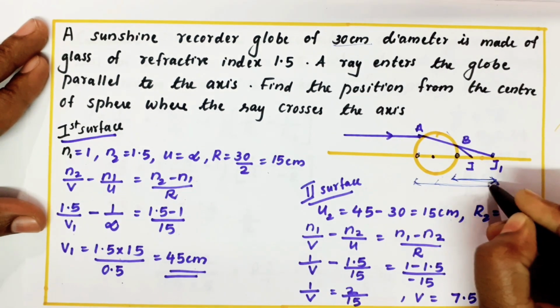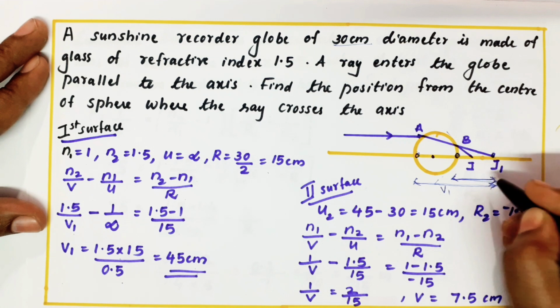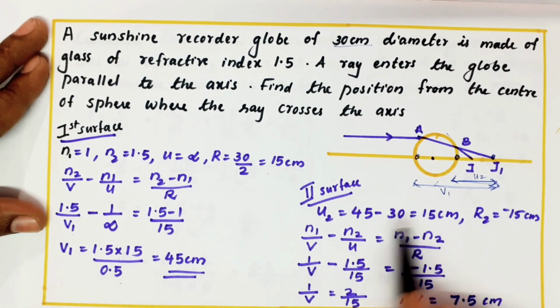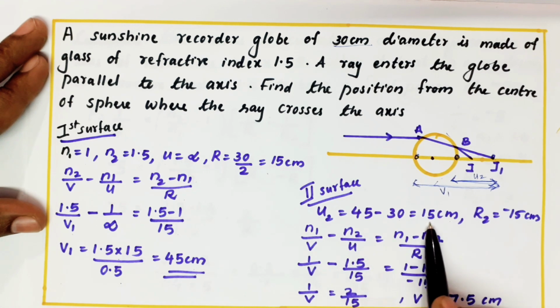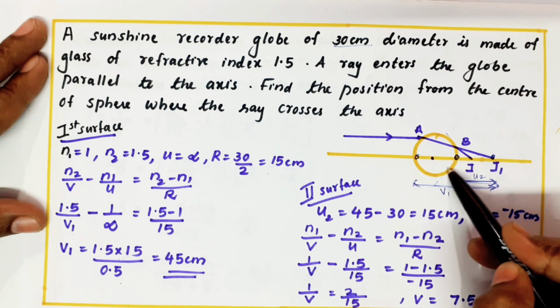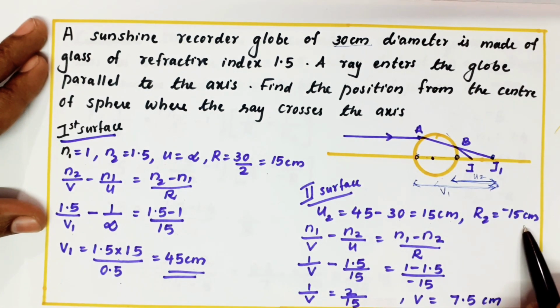When you are taking the V1, I have to take it with respect to the first refracting surface. So V1 is this one, but in the second case this will be U2. So U2 equals 45 minus 30, which is 15. For this surface, the radius of curvature should come in this direction, so R should be minus 15.